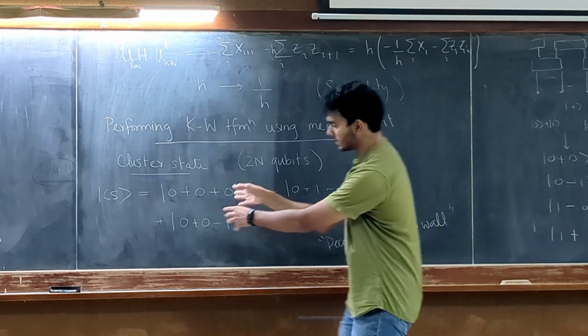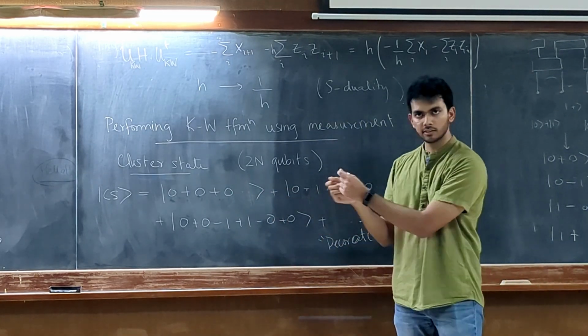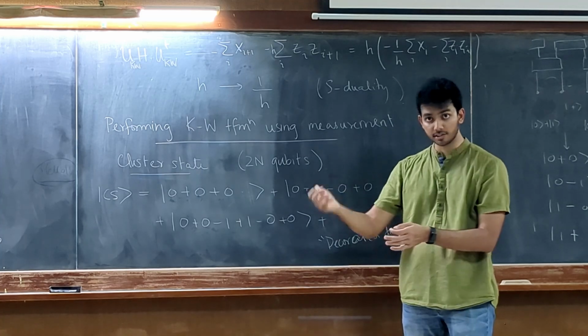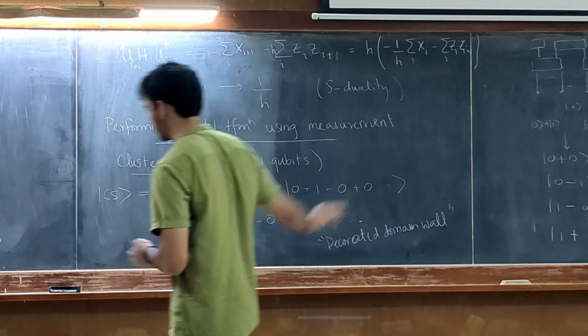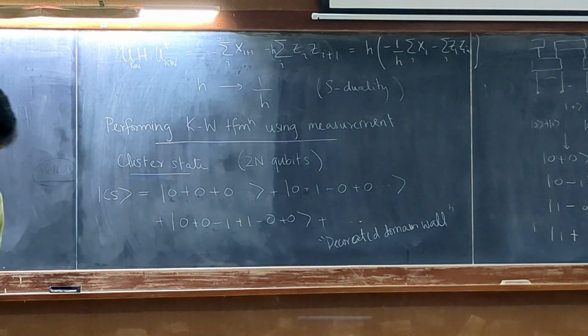We take one subsystem and we decorate the domain walls of that subsystem with the charges of the other subsystem. So you put charges on the domain walls, it's called a decorated domain wall construction. If you write down a decorated domain wall for the cluster state, it's all possible states for the zeros and ones here with the corresponding value of the other state depending on whether there's a domain wall or not.